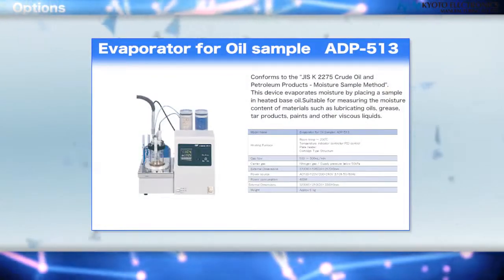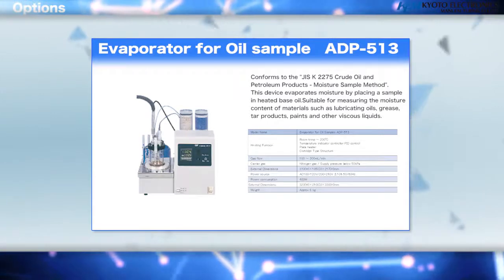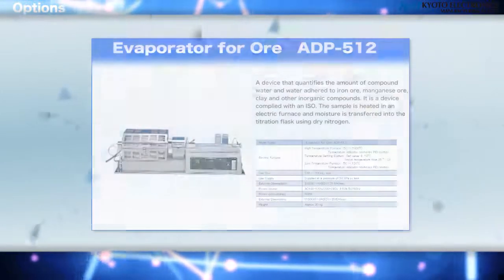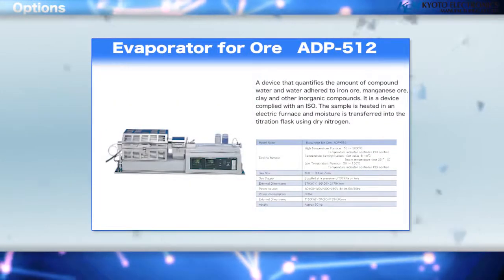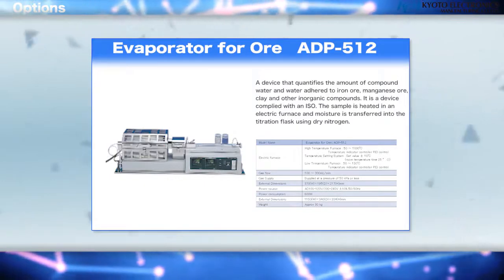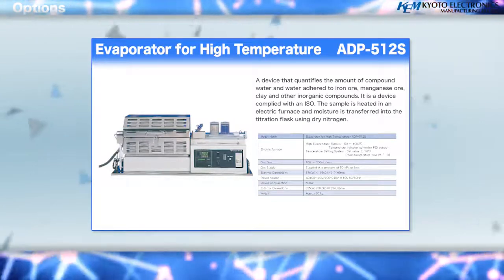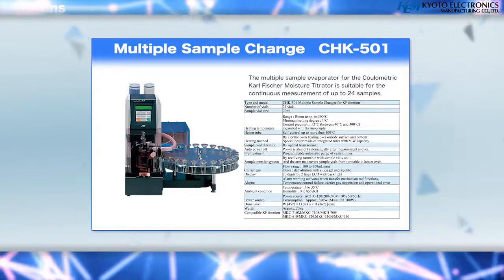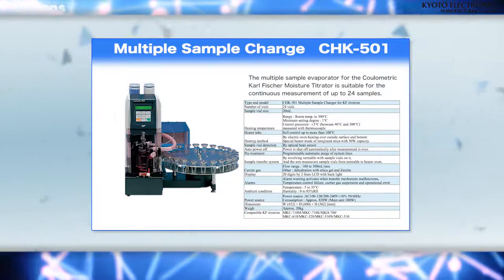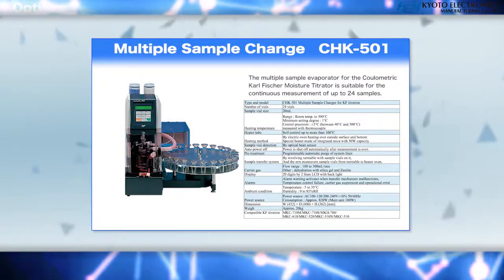Evaporator for oil samples ADP 513. Evaporator for ore ADP 512. Evaporator for high temperature, ADP 512S. Multiple sample changer, CHK 501, non-CE.